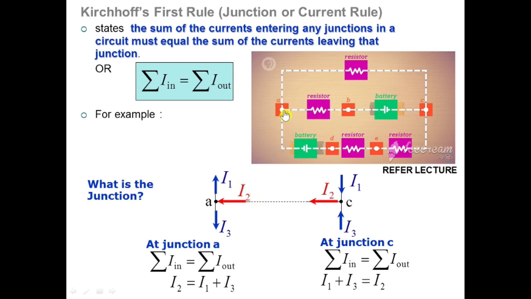I2 enters the junction A. From the junction A, the current flows out into two different paths. The upward one is I1 and the downward one is I3. So we equate in the equation the total current in, which is I2, equal to the total current out, which is I1 plus I3.